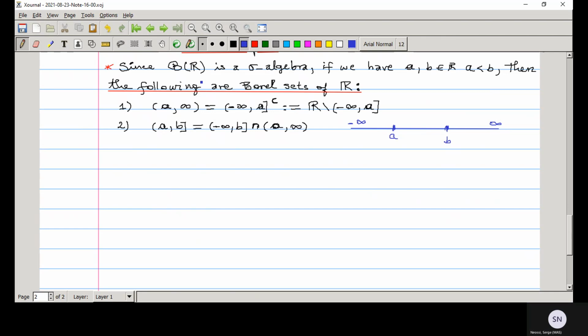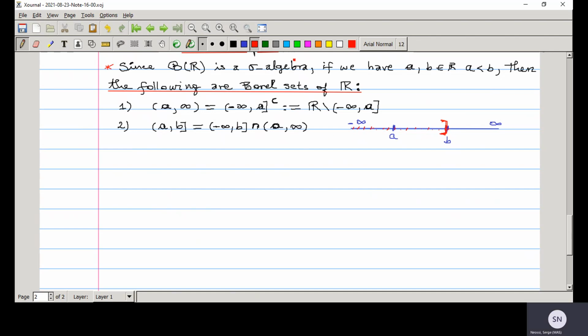Now, from negative infinity to B, I will shade it in red. So this is negative infinity up to B, and this is closed at B.